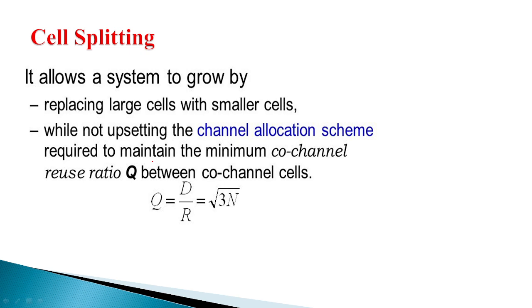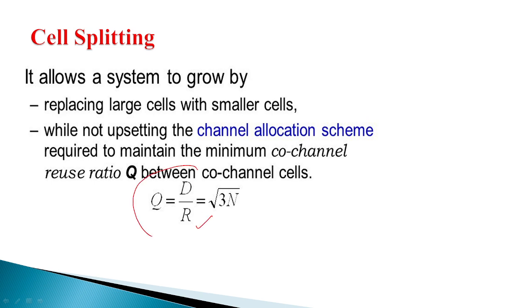And here you can see the quality factor for the channel, D by R. Here D is the distance between the two sectors, and R is the radius of the cell site.